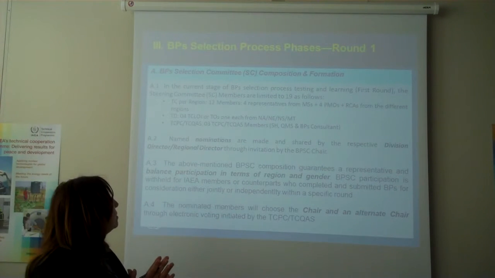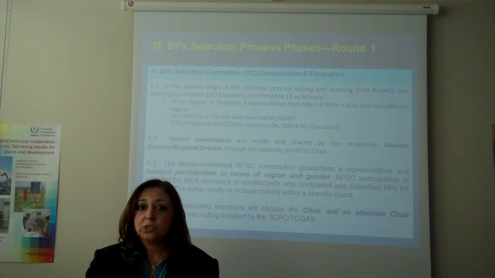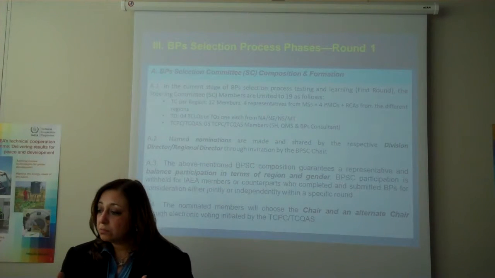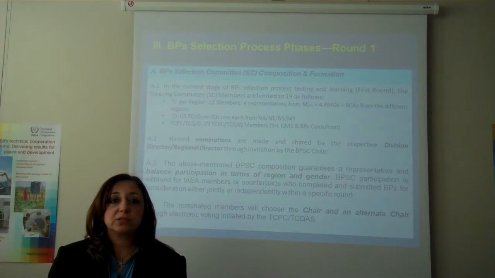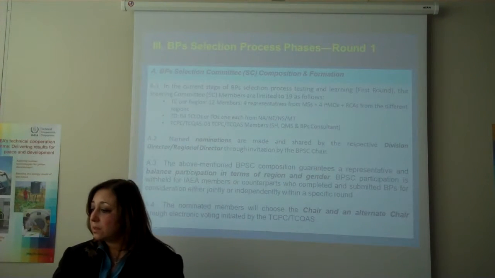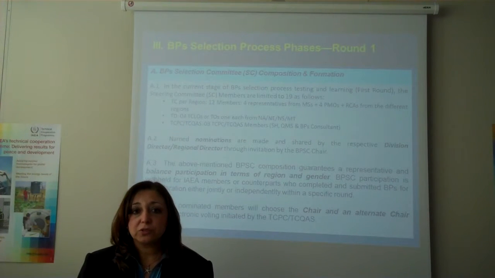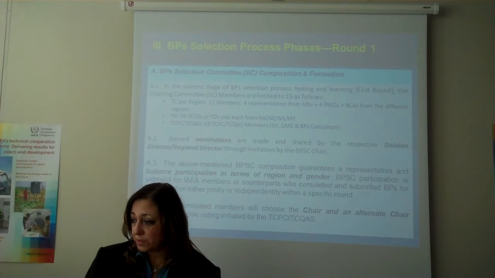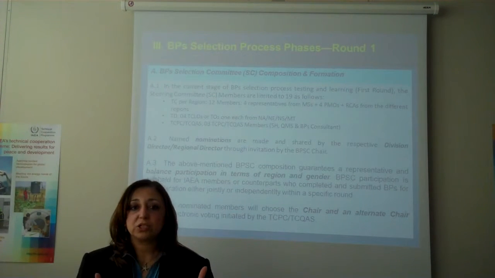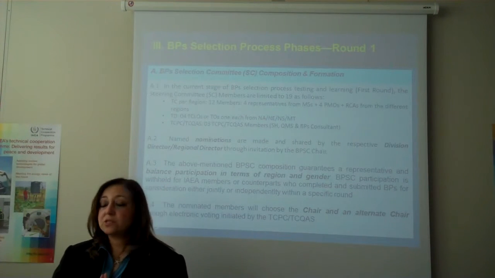So with the selection committee composition, we understand that in this first round we are piloting and testing, okay? So the regional directors and the directors of divisions in TC and in the technical department will be asked to nominate members of staff from their own departments, and the overall number of the selection committee is 19 members as follows.